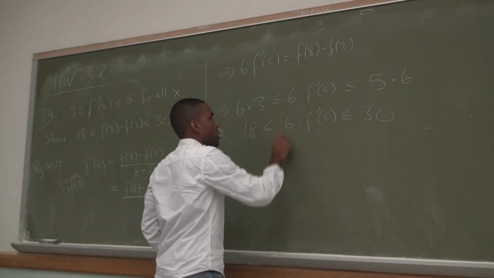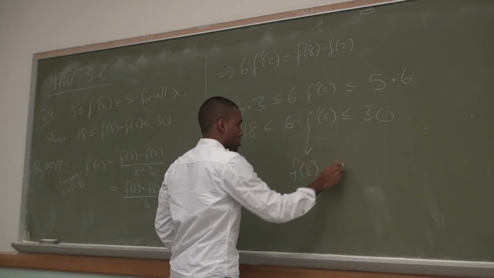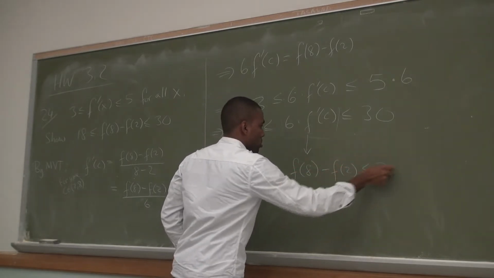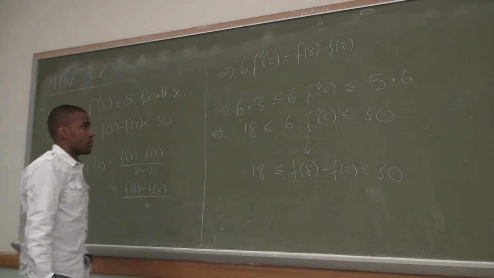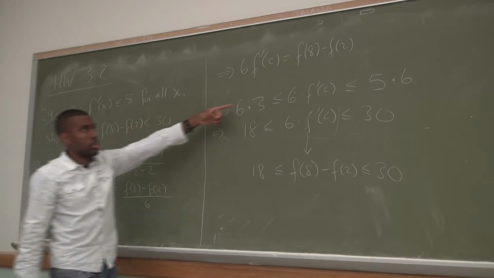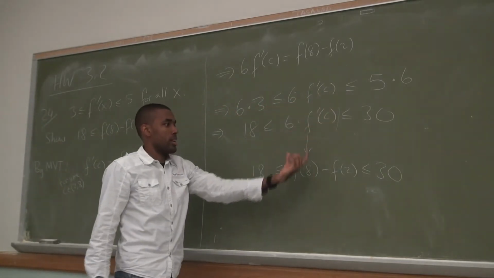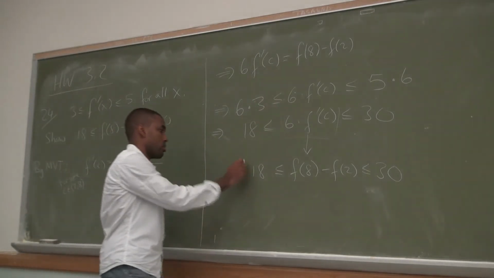But this guy we know is that guy. Just multiply this inequality by 6 everywhere, and I get this one. And then I can replace this with that by the mean value theorem, and so we get that.